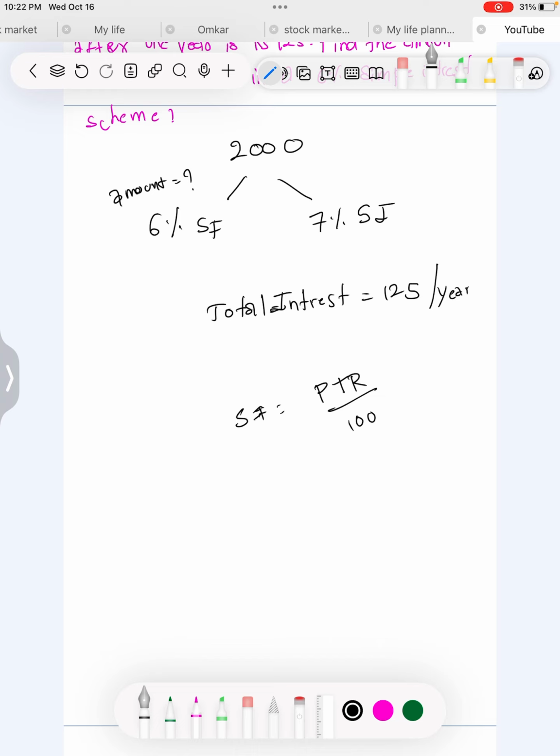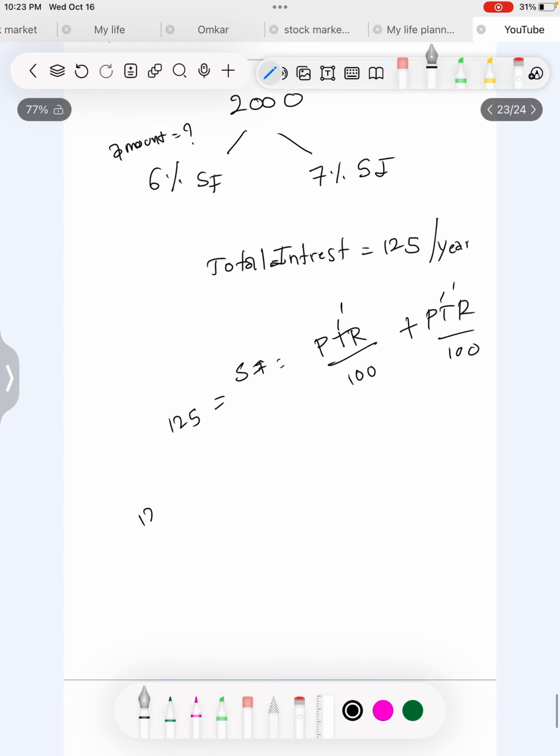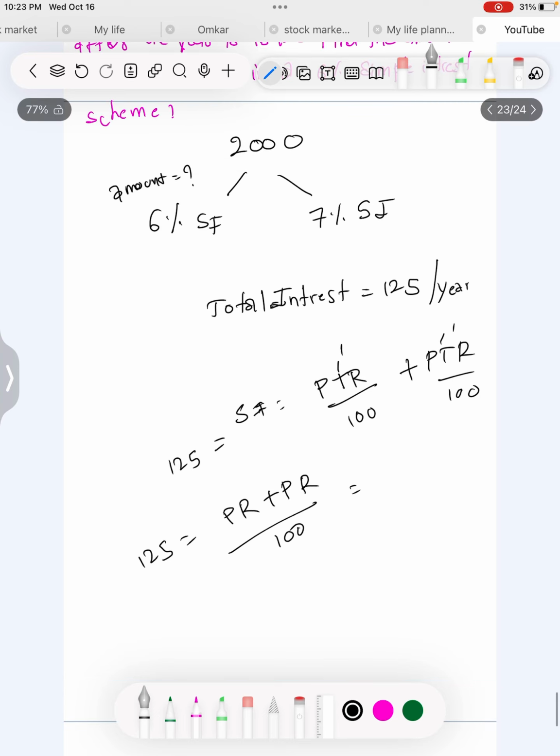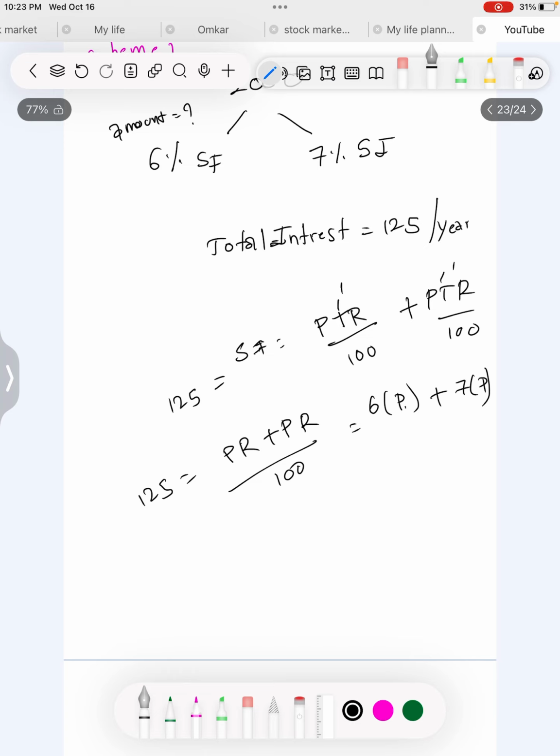So it is showing PTR by 100. This is 125. Time is 1. So 125 is equal to PR by 100. And here the rate of interest in one thing it is 6, in another thing it is 7. Okay. P1, P2 you can take it.